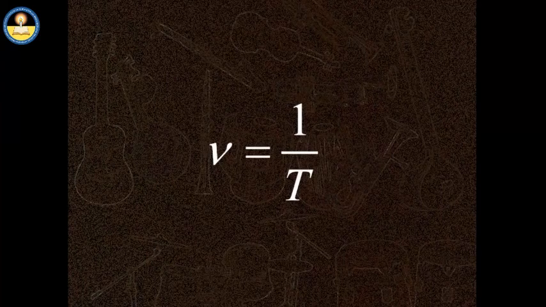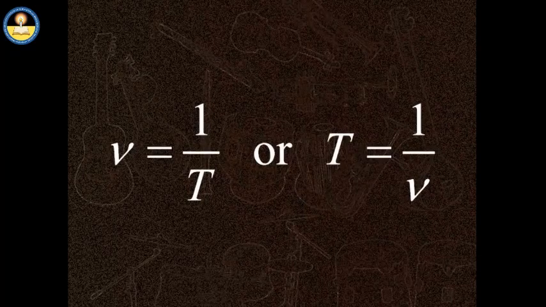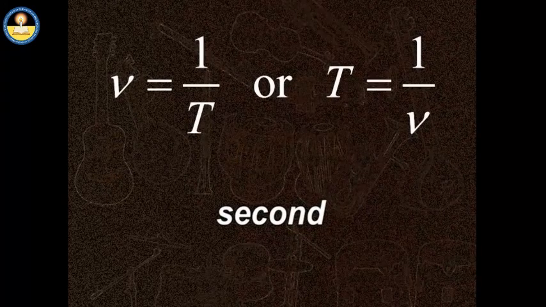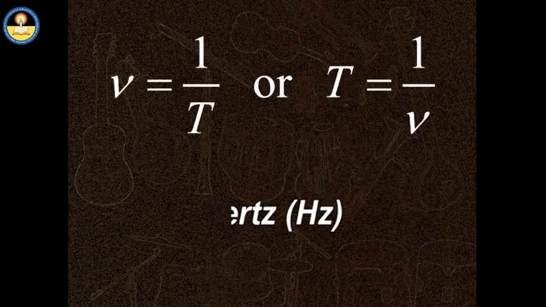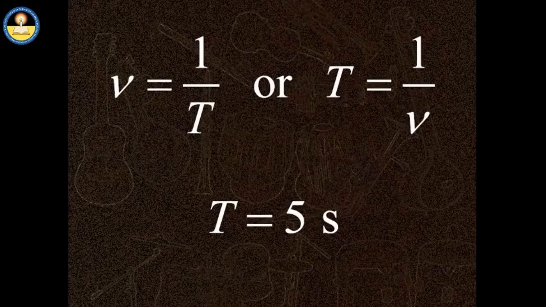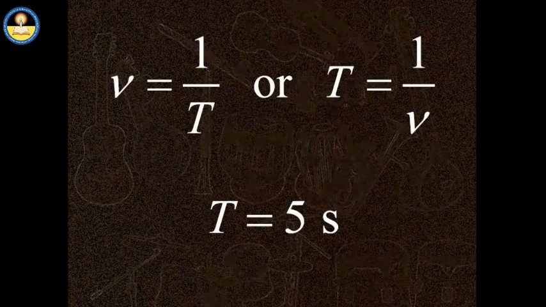Frequency of a wave is related to the time period of the wave as both are reciprocal of each other. Since the SI unit of time period is second, hence the frequency can also be measured as per second, which is also called hertz. If the time period of a wave is 5 seconds, it means it takes 5 seconds for the wave to complete one cycle.